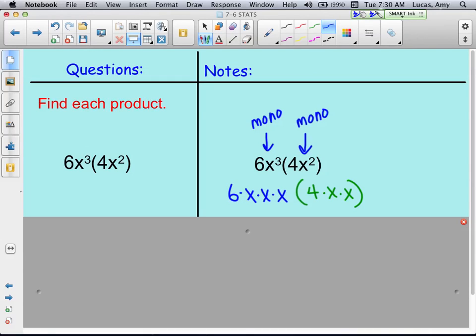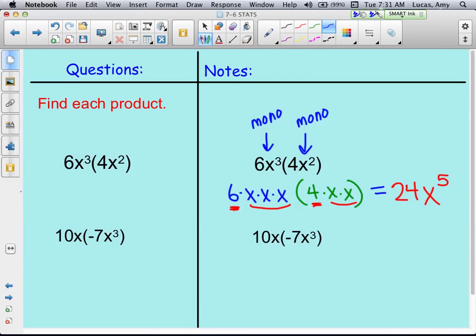So then we taught you that if you multiply them together, the commutative property says it's okay to change the order when you're multiplying. So I will multiply 6 times 4, which is 24, and then these 3 x's multiplied by these 2 x's would give me a product of x to the fifth. So 24x to the fifth is the product of 6x to the third power and 4x to the second power.